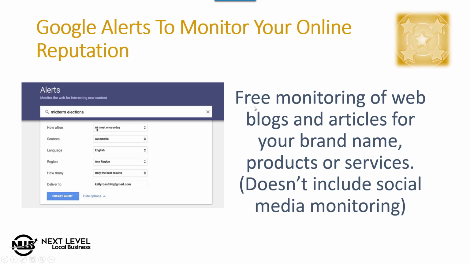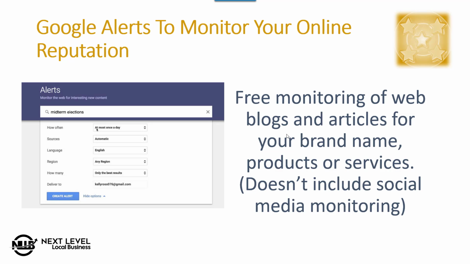Very, very important to note here that it doesn't include social media monitoring. Google Alerts doesn't do a good job with that. And secondly, you've got to be mentioned in these blogs and articles. It's only the indexed information that Google does pick up through these alerts. So anything they index, they'll pick it up, and if it's got your name on it, then you'll get an alert.